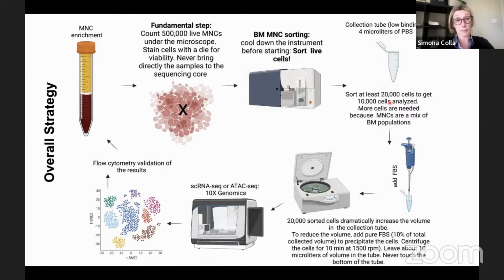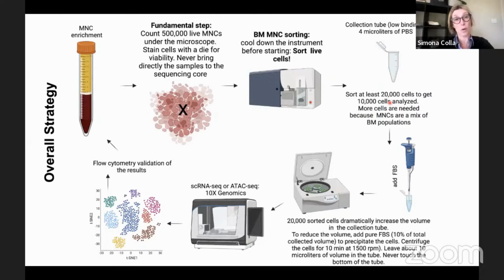So it's fundamental that you centrifuge the cells. But to centrifuge the cells, remember to add pure FBS so that your total final volume contains 10% FBS, because you are sorting a very limited number of cells and you cannot precipitate them without adding protein. Put in pure FBS.